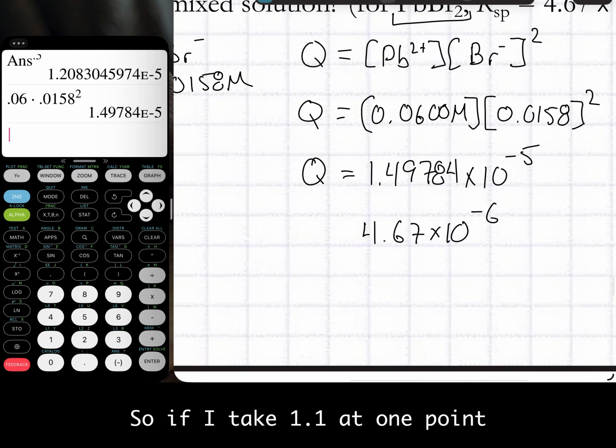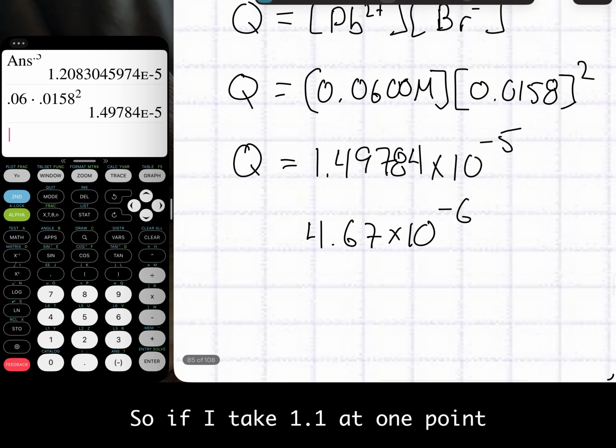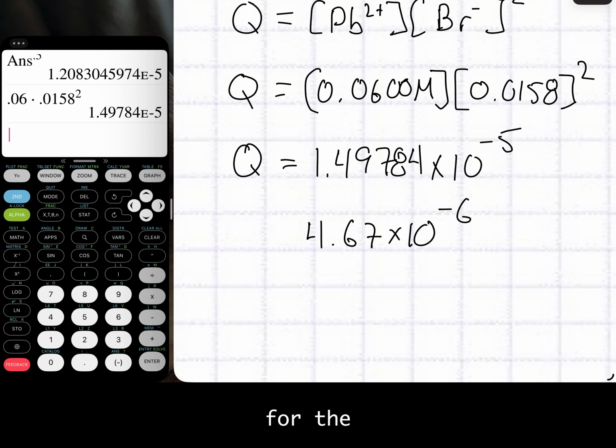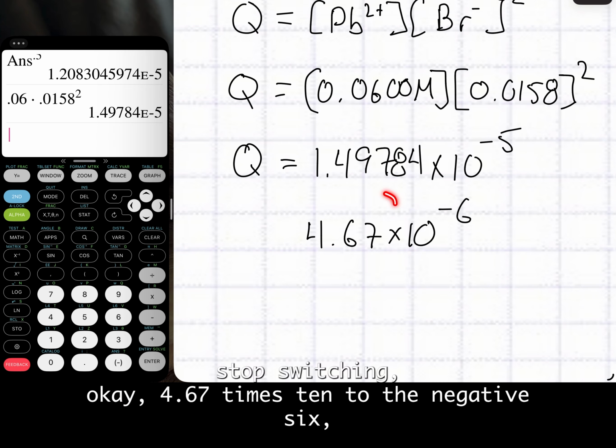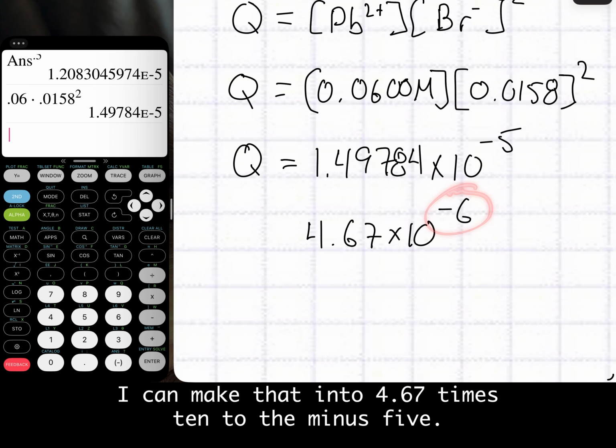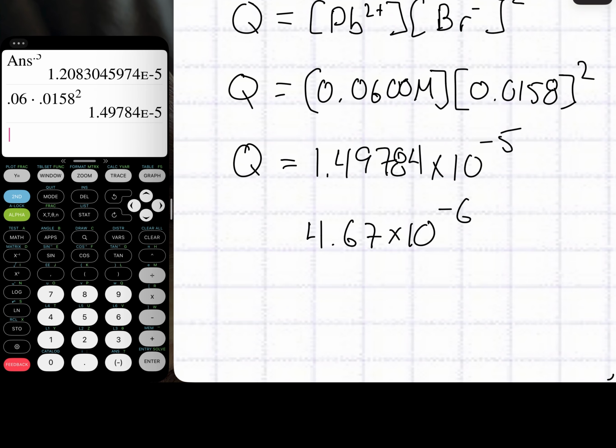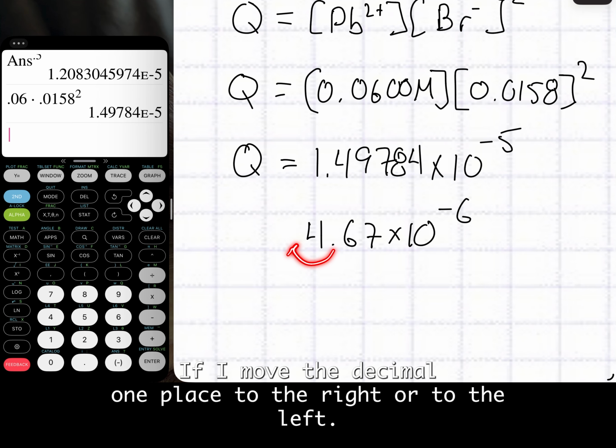So 4.67 times 10 to the negative 6, I can make that into 4.67 times 10 to the minus 5 if I move the decimal one place to the right or to the left.